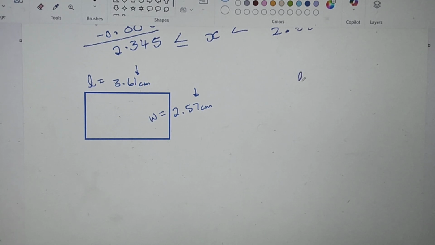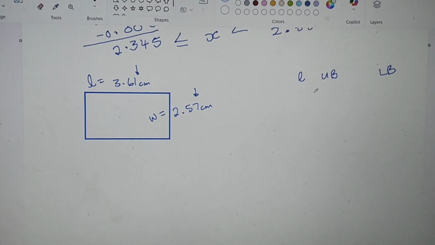So for the length, I'm at the 100th point, so I've got to take 5 thousandths, which would be half of my 100th point. So for my length, my upper bound and my lower bound are going to be my 3.61 plus minus 0.005.